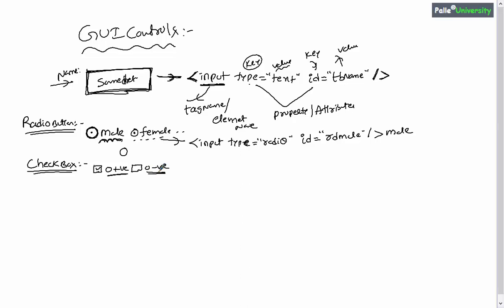It depends on your requirement. Now let me explain how to create a checkbox. In order to create a checkbox, you will write input type equals checkbox and, as usual, ID chk. I will usually use chk for checkboxes, and maybe some content, some text, O positive.